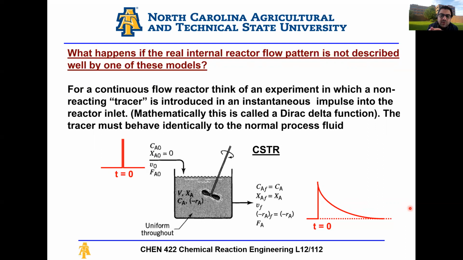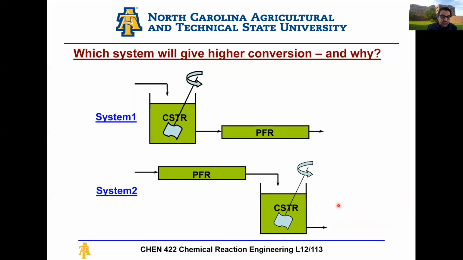We have a continuous system, and I introduce a tracer at the beginning using a Dirac delta function, basically an impulse. So as you see here, I just drop a tracer, and then I measure its concentration as it exits the reactor. And this will give you an idea on the flow pattern, on how long it takes to stay in the system, all of these ideas.